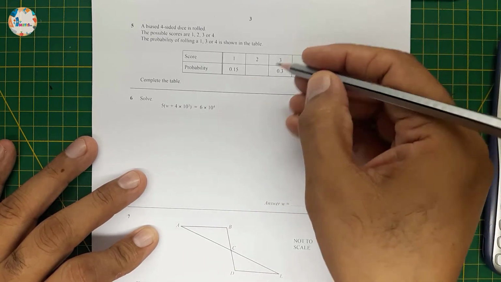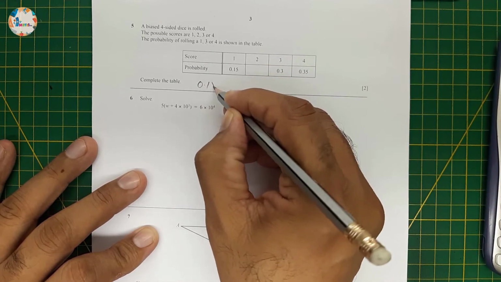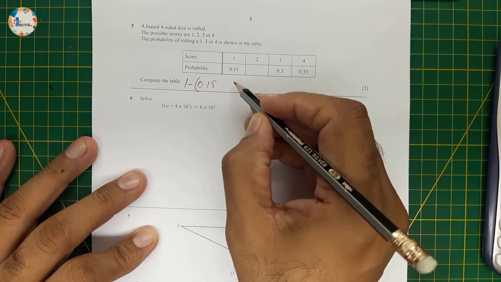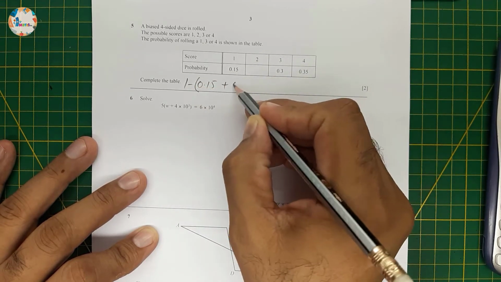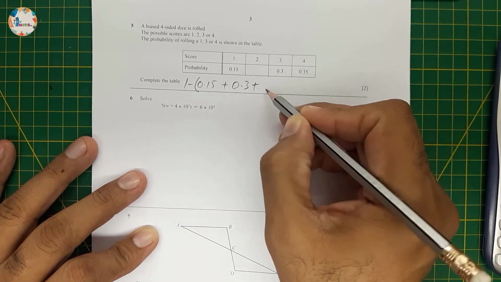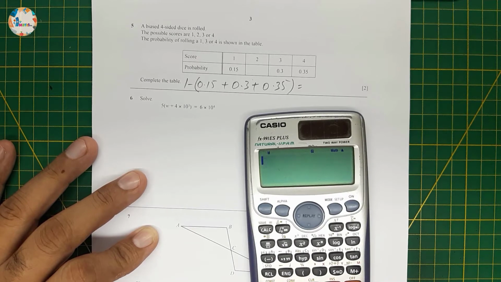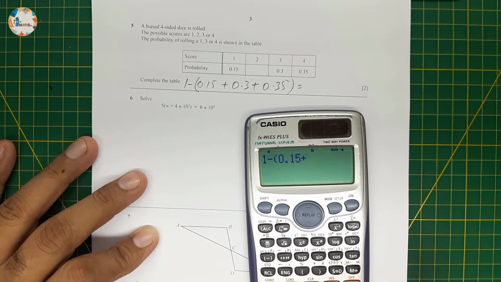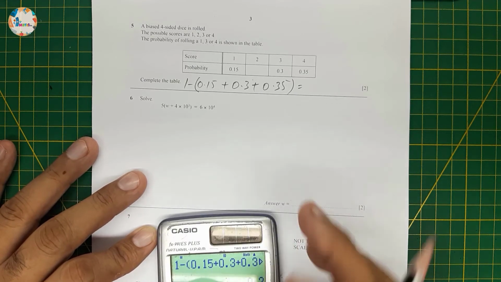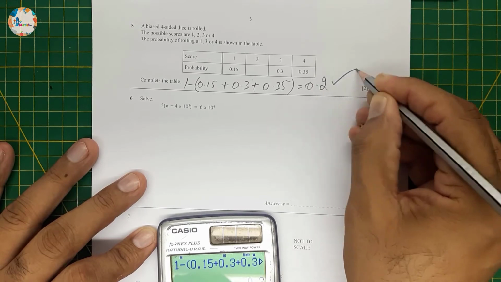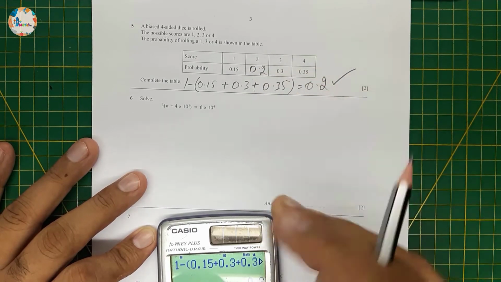So we take 1 minus, in brackets, 0.15 plus 0.3 plus 0.35, and this is equal to 0.2. So 0.2 will be our answer. We write here 0.2.